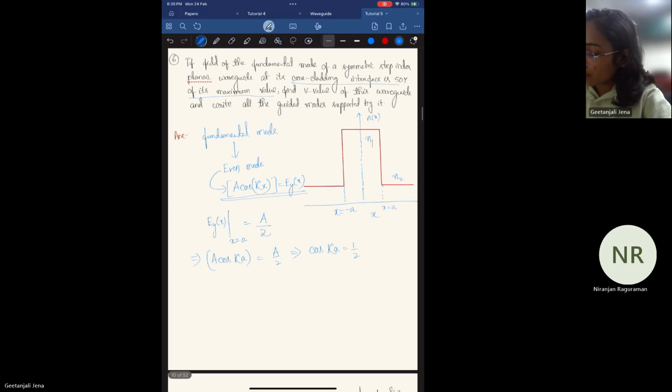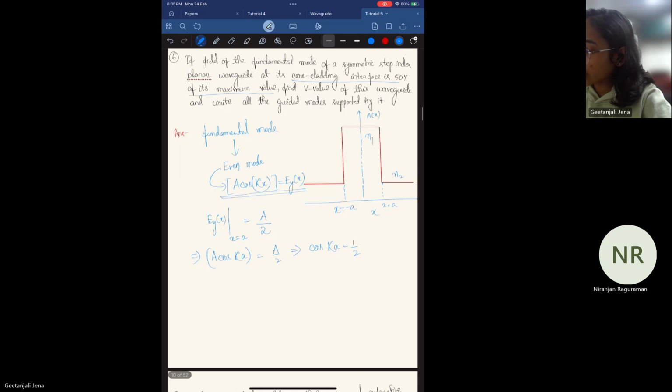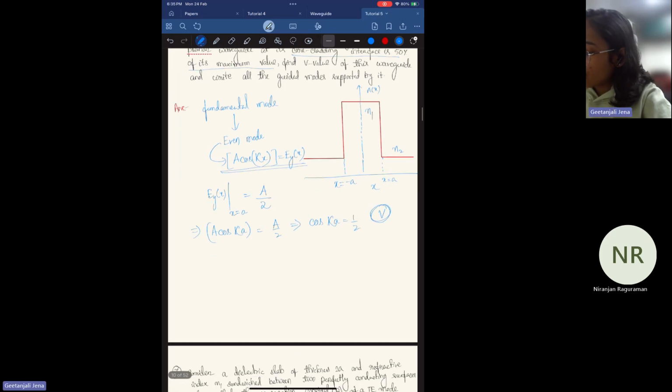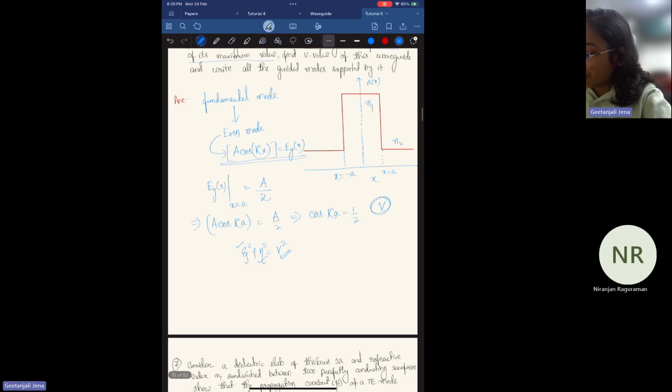And so our final goal is to find out the value of V. If you recall, there is a relation between zeta, eta, and V: zeta square plus eta square is V square. So if we can find out zeta and eta, then we can easily find the V parameter for this symmetric waveguide.